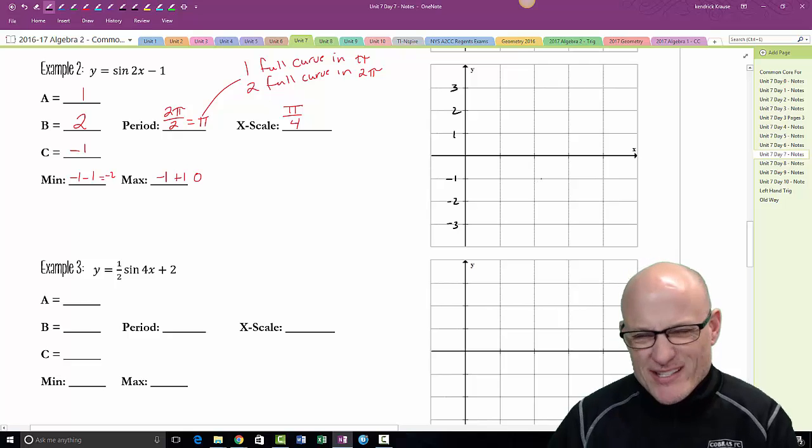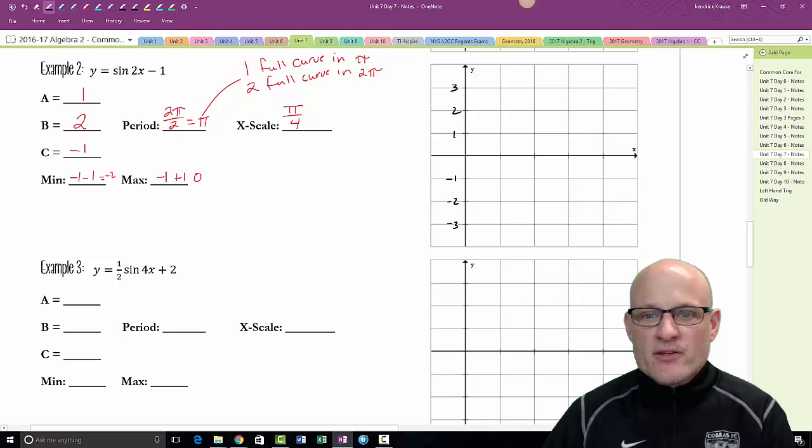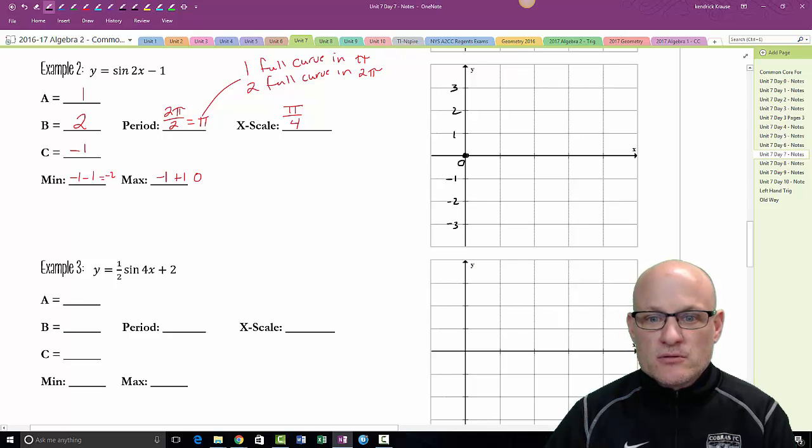Okay, so this is where we have to be very, very careful. This is 0. And if I go out from 0 to 2 pi, this would be pi over 2. And this would be pi. I don't know why I said pi over 2.